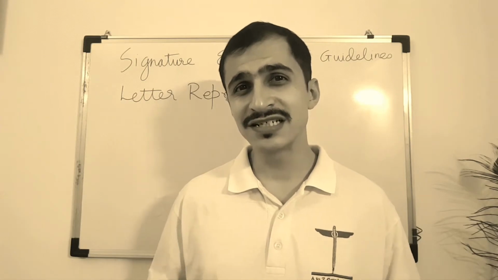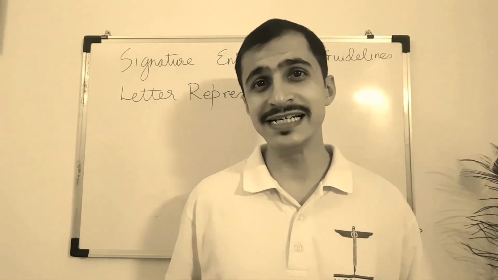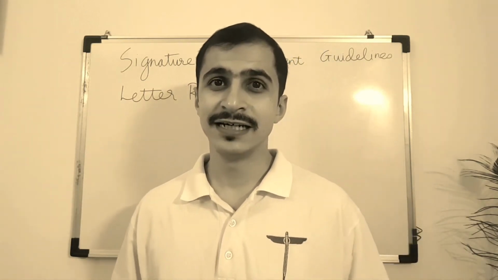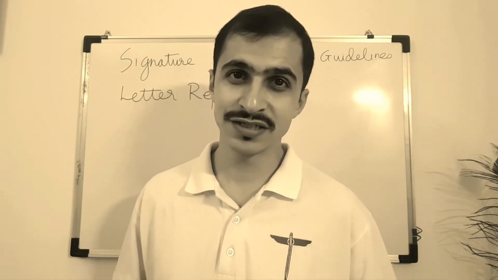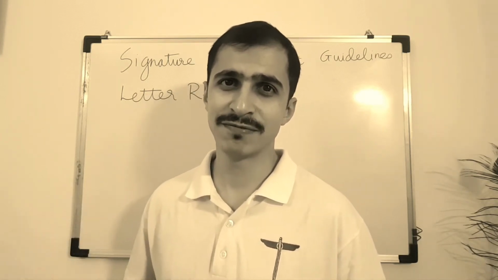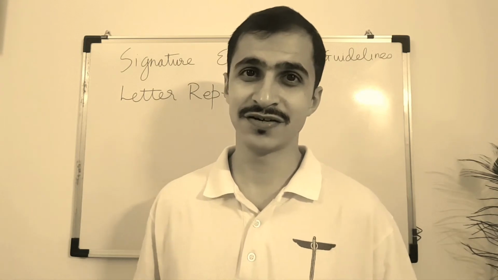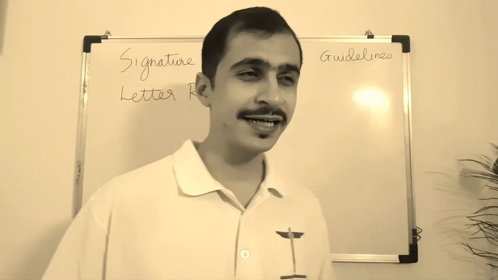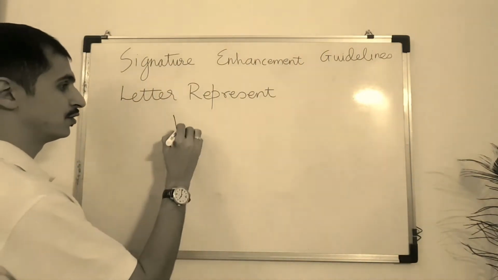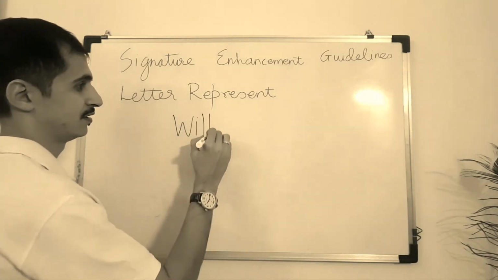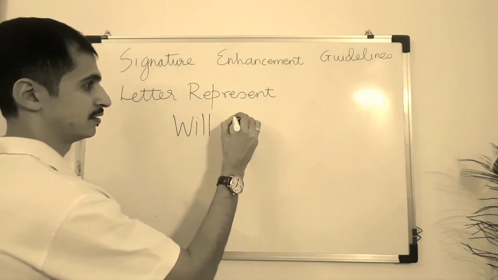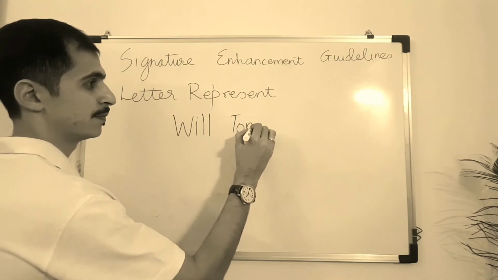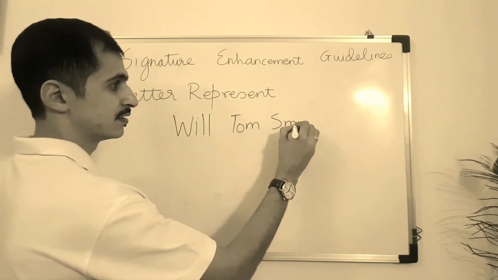This topic is extremely huge and I normally teach this aspect in my signature analysis courses. But here in short I'll explain to you how you can take advantage of this concept. So let's take an example of a person named Will Tom Smith.